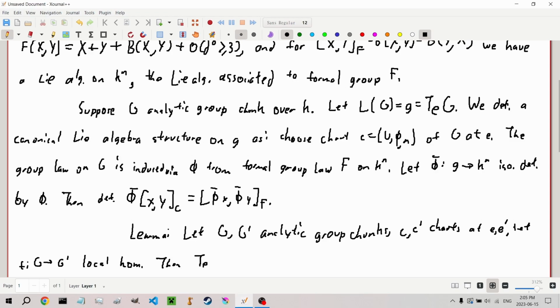Then the induced tangent map, sending elements of small g to small g prime, is a Lie algebra homomorphism with respect to the chart brackets.